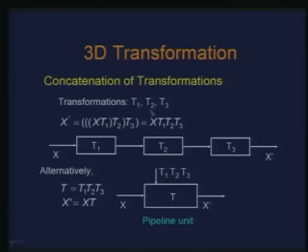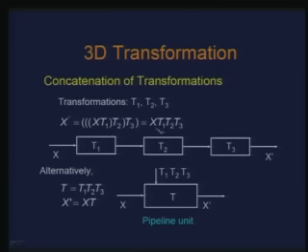Let us say I have only these 3 transformations to perform. Then the transformed value x prime is basically T1 applied to x, and whatever I obtain, I apply T2 on it, and then whatever I obtain, I apply T3 on it, right.